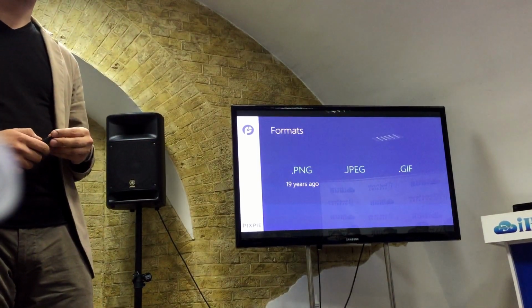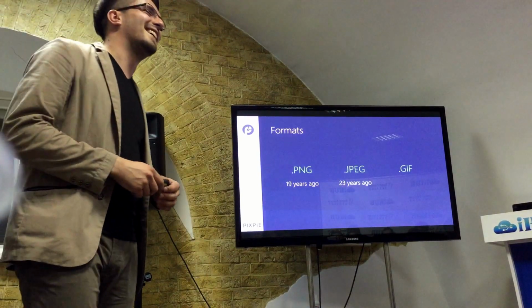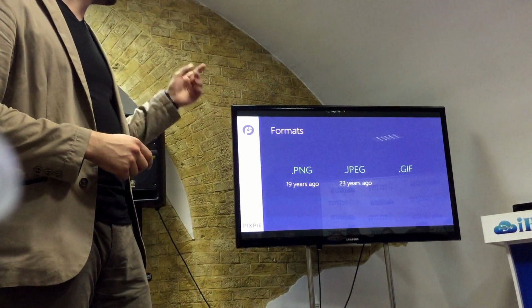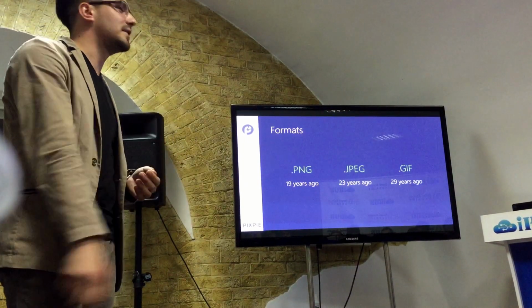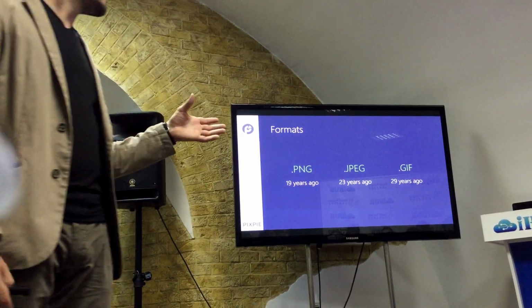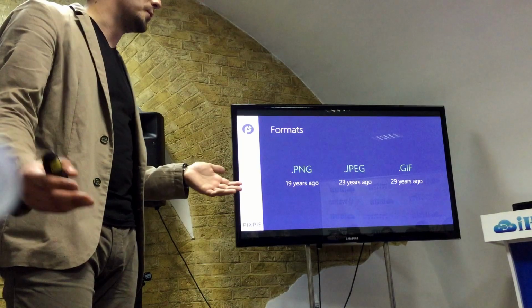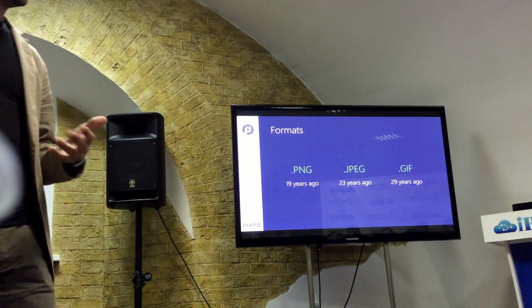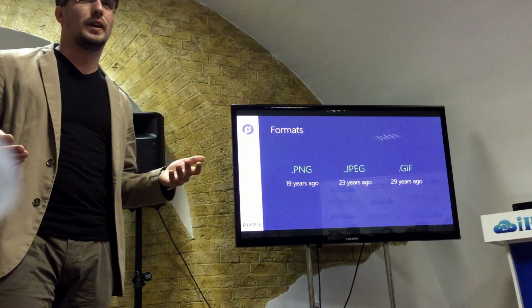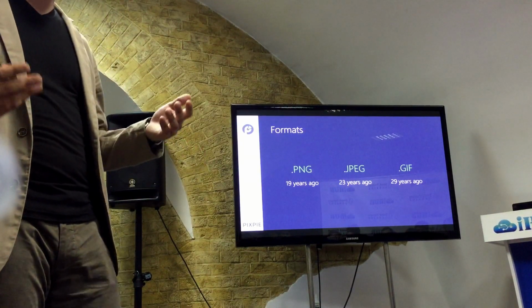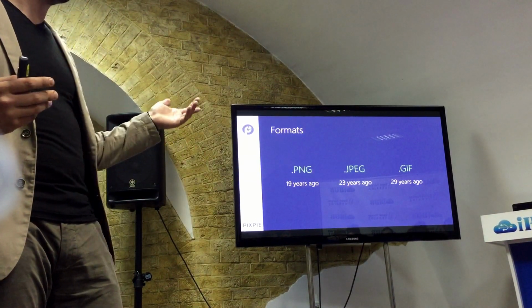Much older. 25? Almost. And the last one, GIF. 26, 29 years ago. So you understand that these formats are really old, and they're heavy. They have an overkill when you compress the image in this way.